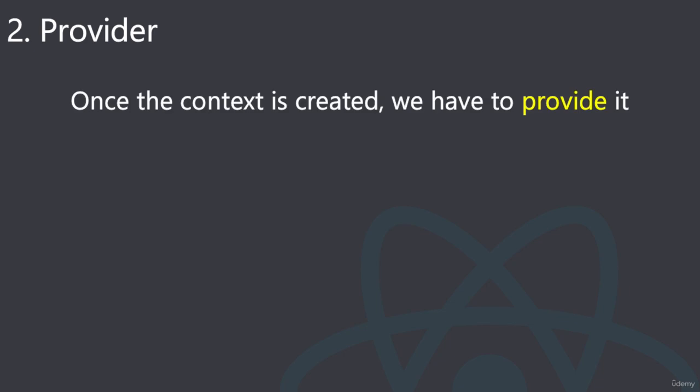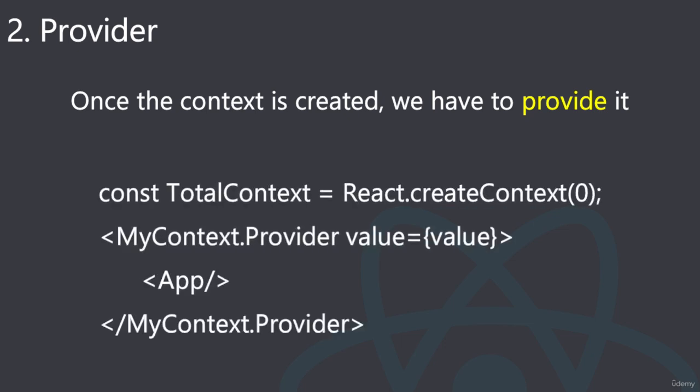Now comes the second step. Once the context is created, we have to provide it. If you see the syntax, it goes like this: myContext.Provider, then there is an attribute called value. This is a fixed attribute. Then you pass a value which can be a string, a number, a boolean value, or even an object literal.